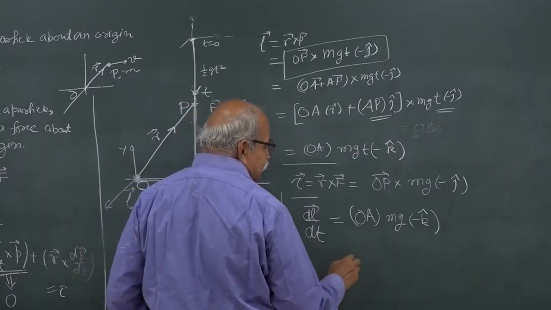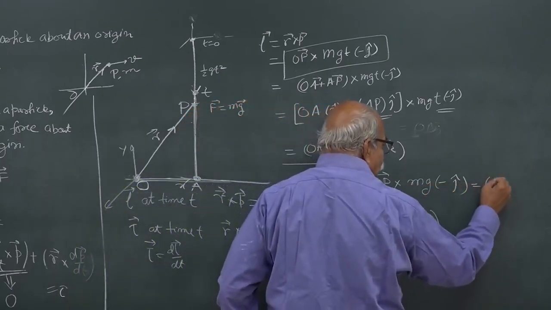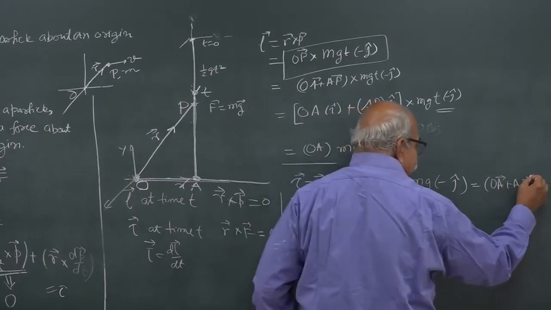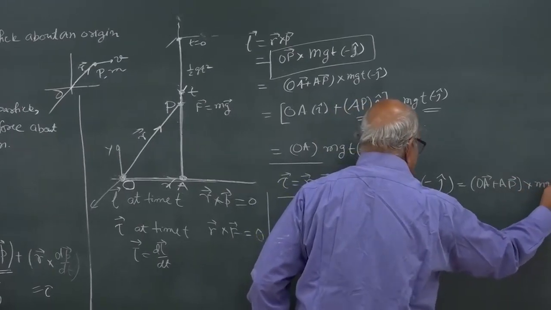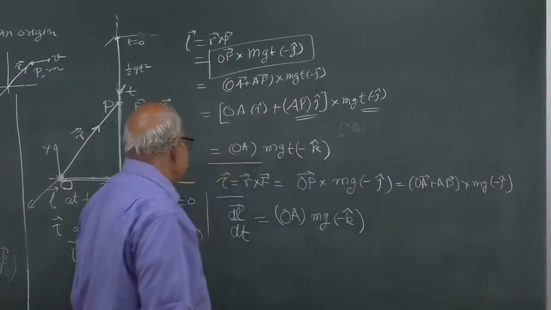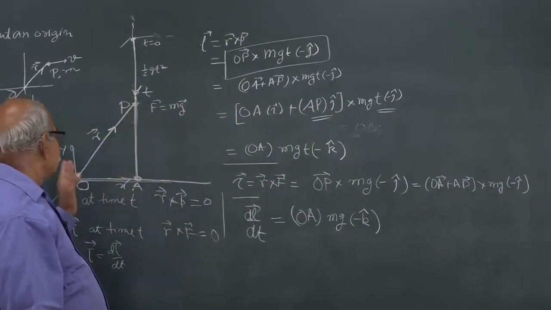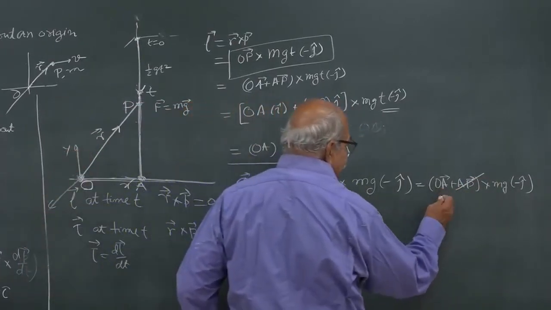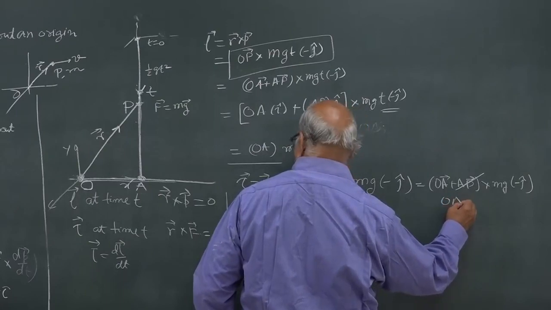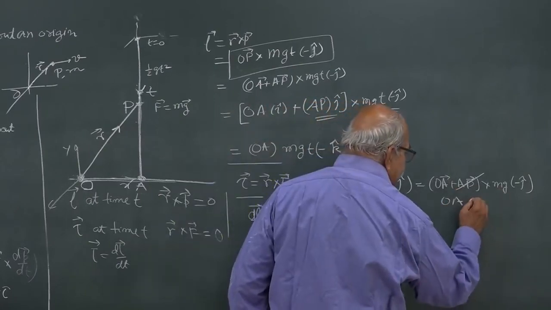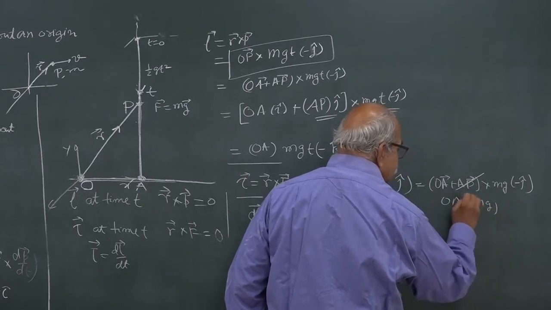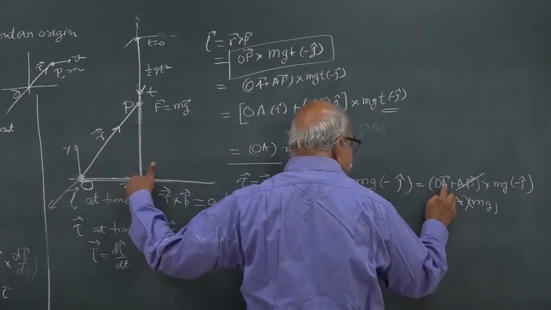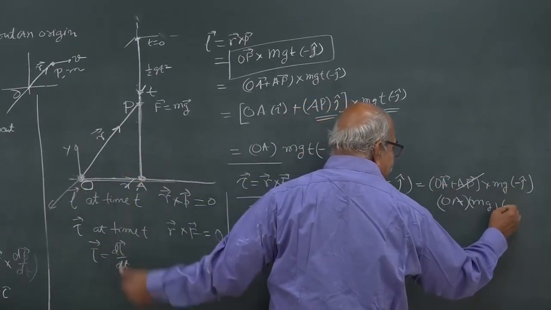And this is OA plus AP and then cross mg and minus j cap. And once again AP is parallel to this y axis, so this part will go away and what you will have is OA and then mg here, and this OA is in x direction. So, x i cap and j cap is k cap, so minus k cap, simple.